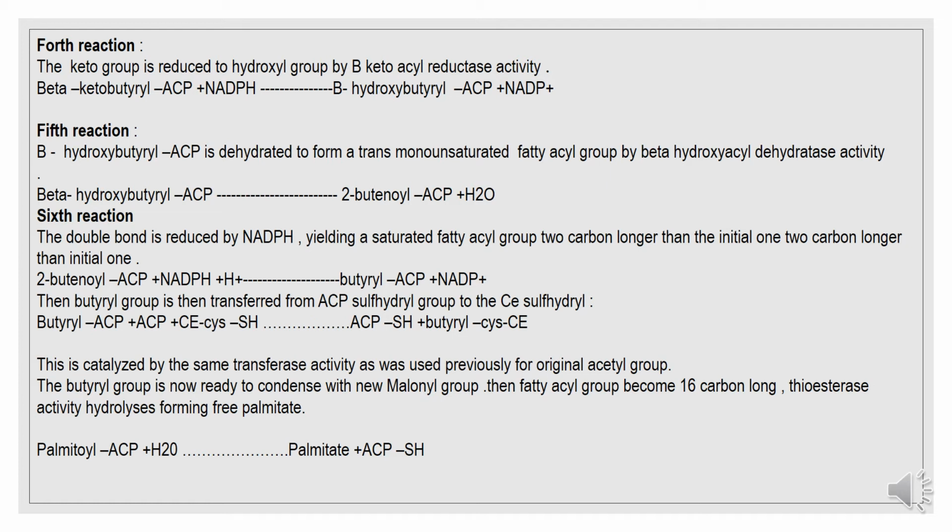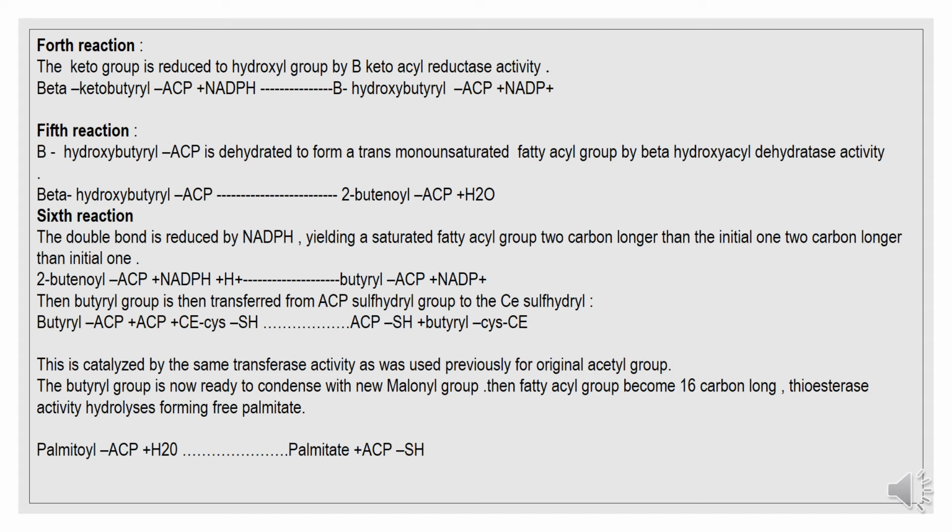In the sixth reaction, the double bond is reduced by NADPH, yielding a saturated fatty acyl group, 2 carbons longer than the initial one. Then 2-butenoyl ACP plus NADPH plus H plus gives butyryl ACP plus NADP plus.